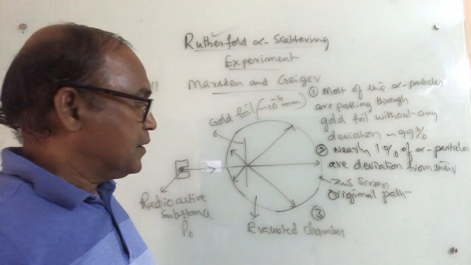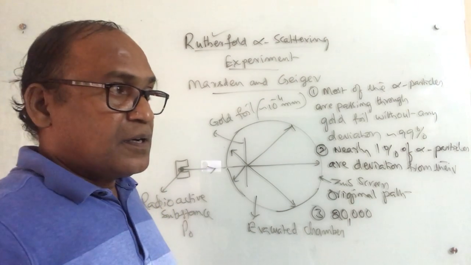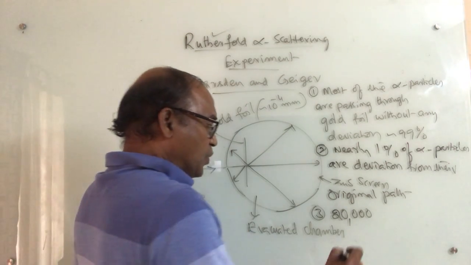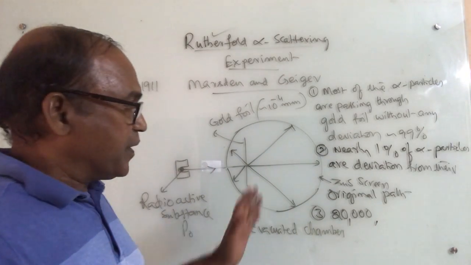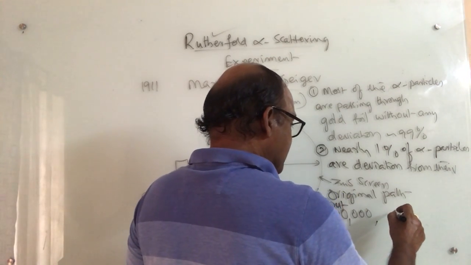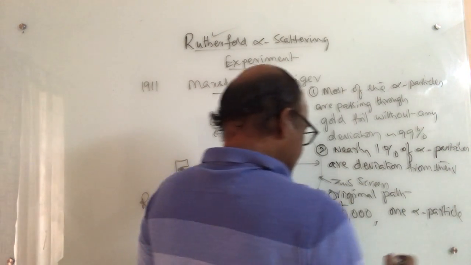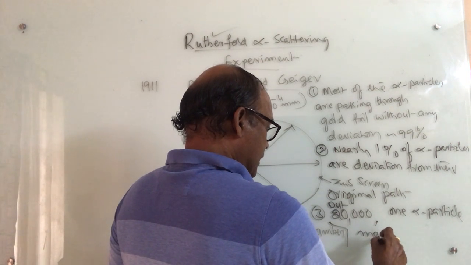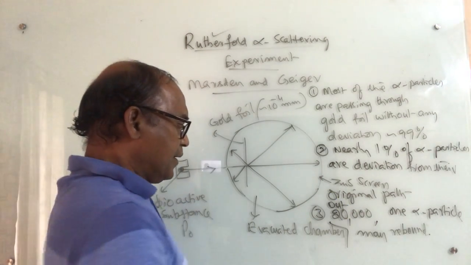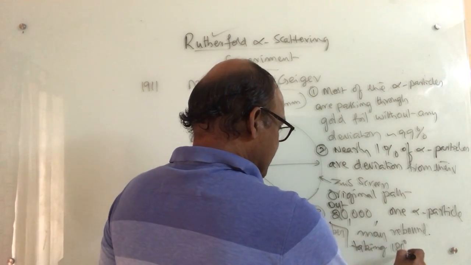The third observation was, if the experiment is conducted 20,000 times, meaning the same experiment is repeated 20,000 times, out of 20,000 alpha particles falling, one alpha particle may rebound, taking a 180 degrees angle of deviation.